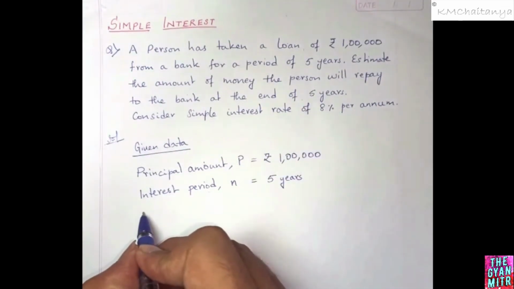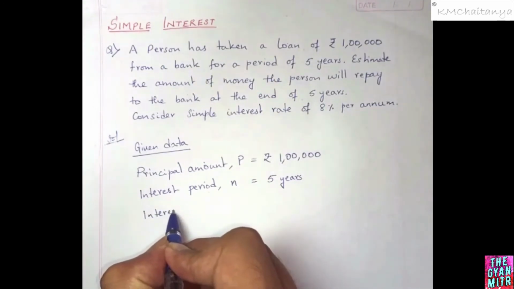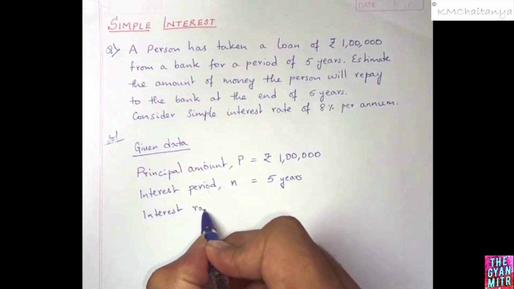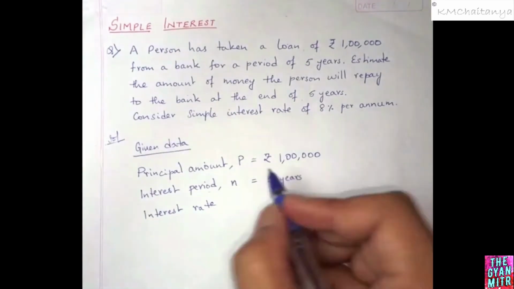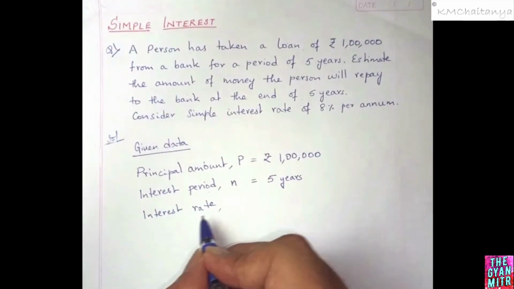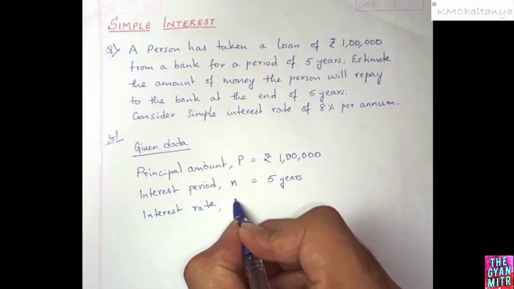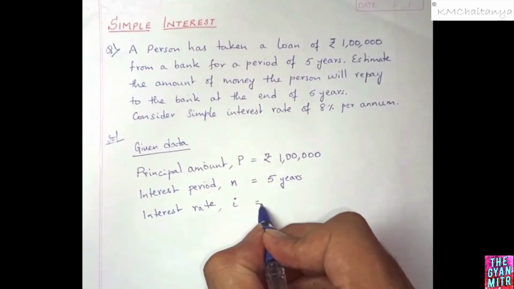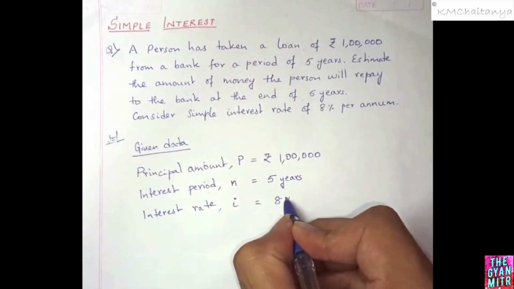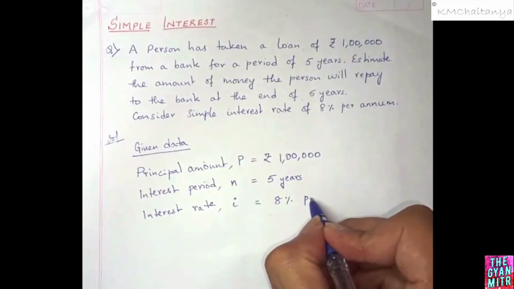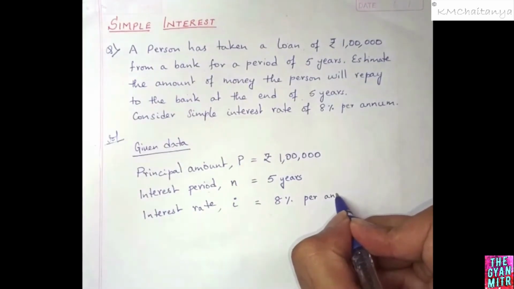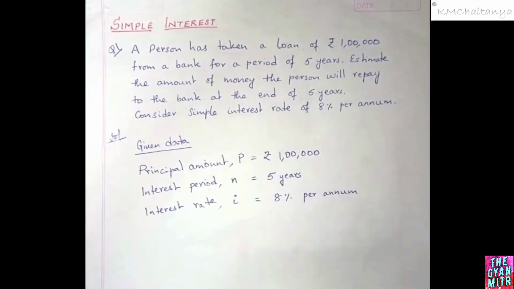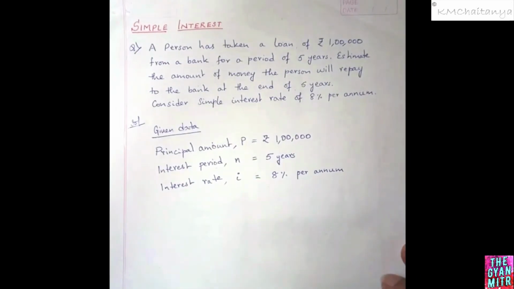The interest rate is also called the rate of interest. It is denoted as I, which is equal to 8% per annum. So this is the given data.